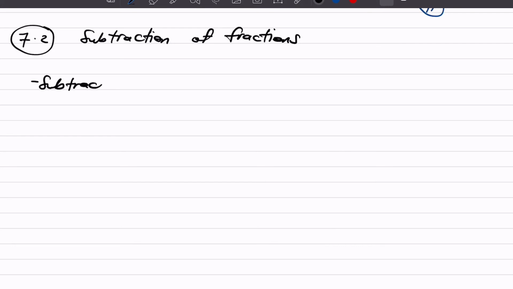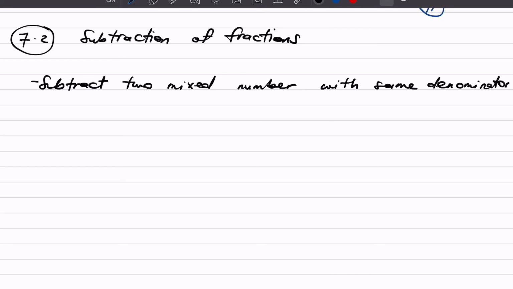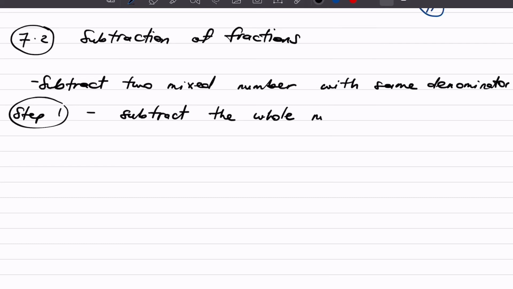When we subtract two mixed numbers with the same denominator, step 1, you have to subtract the whole number first.